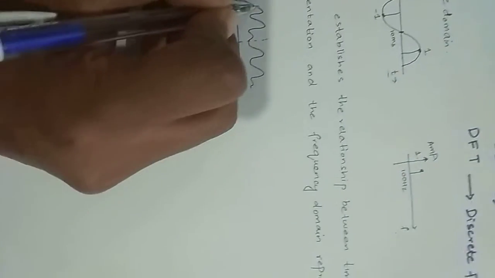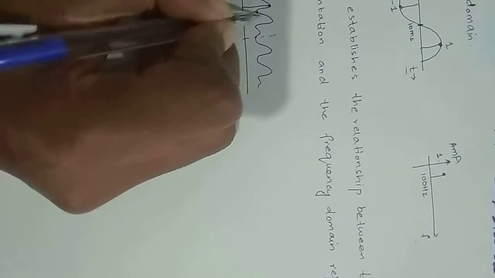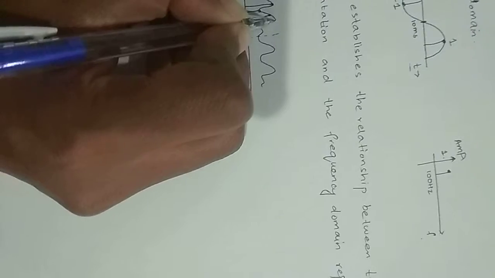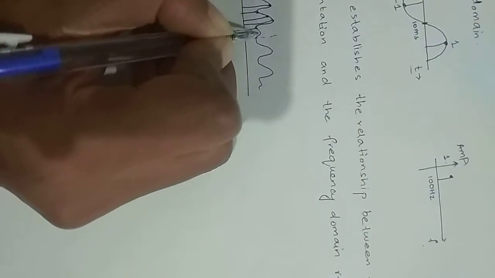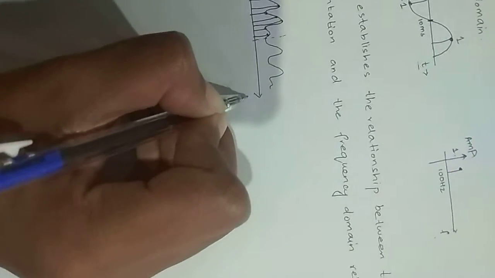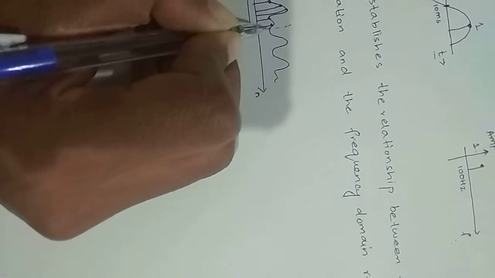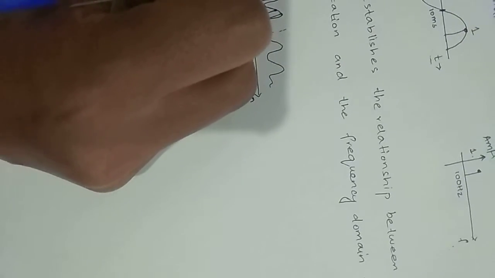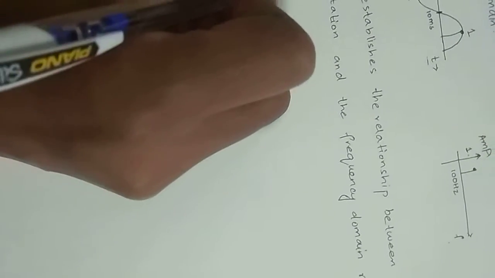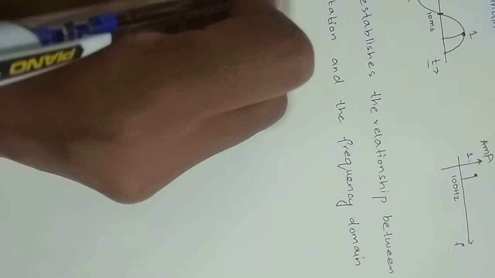Now I sketch some of the spikes, somehow like this. It is n. From here to here I take the distance as capital N. It's x of 0. Here it is x of n.